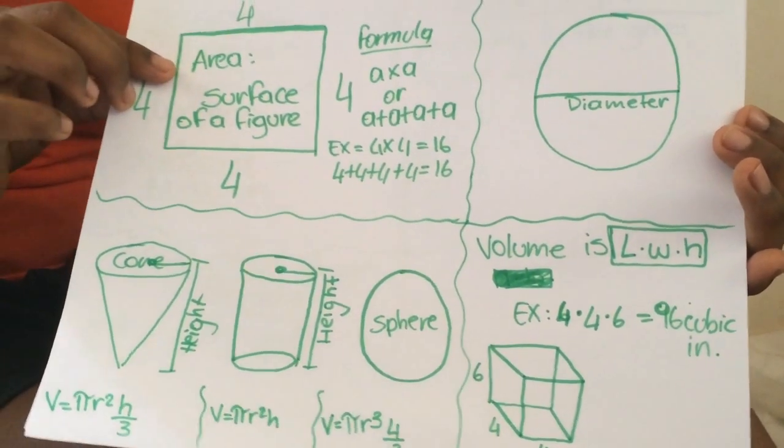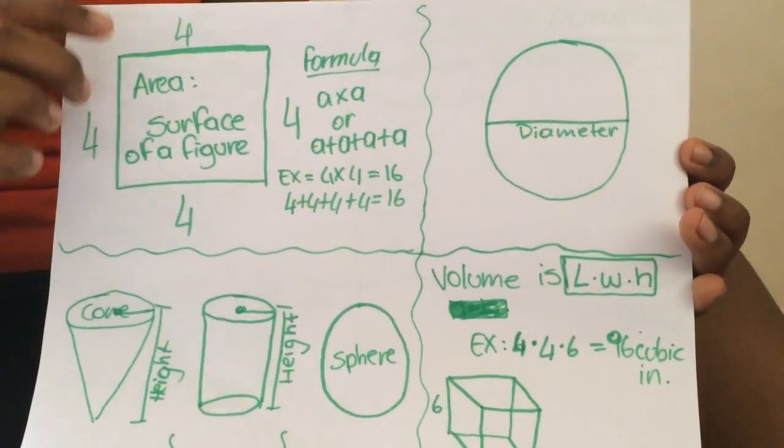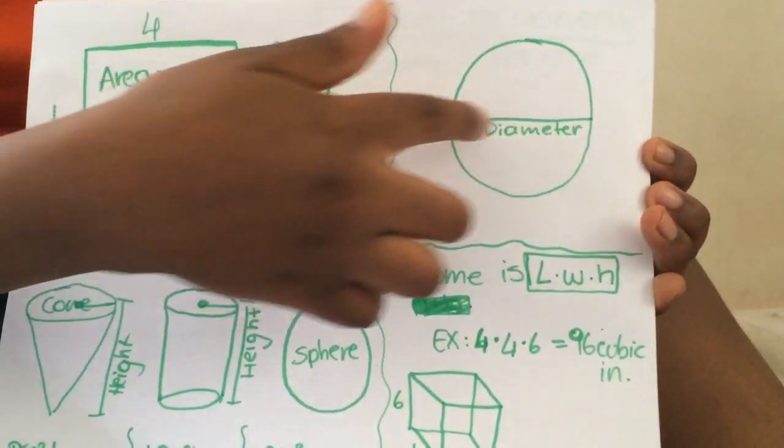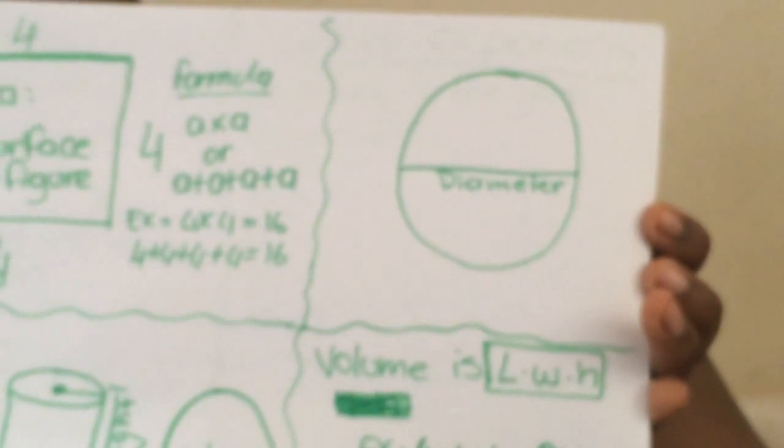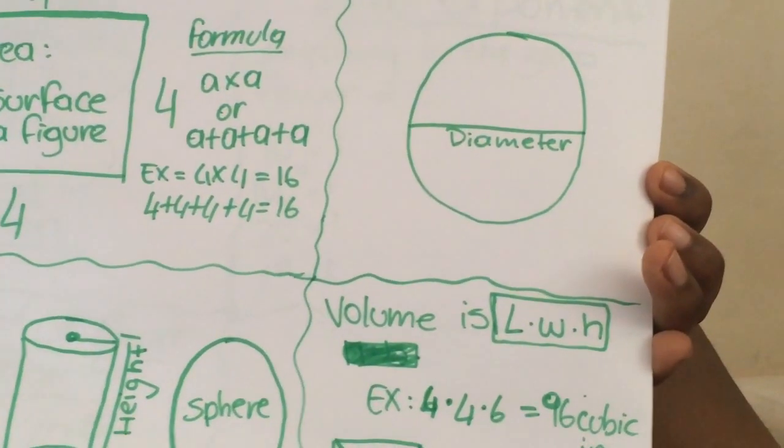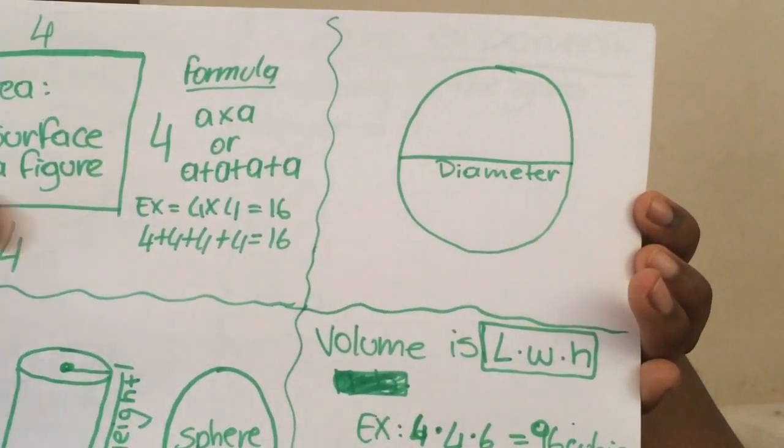And the diameter is basically the line that goes through the circle. The space around it is the circumference, which is basically the perimeter around the circle.